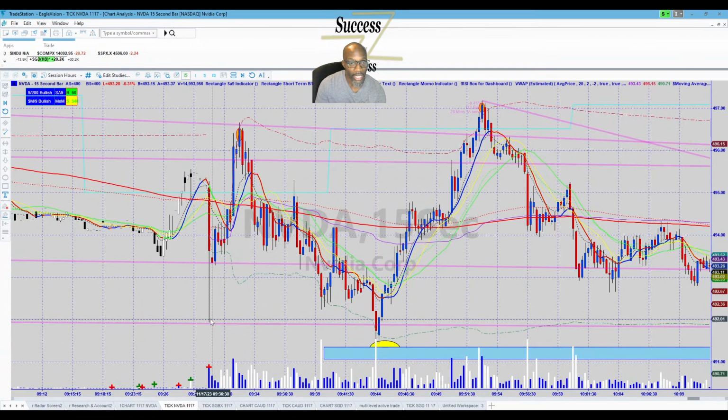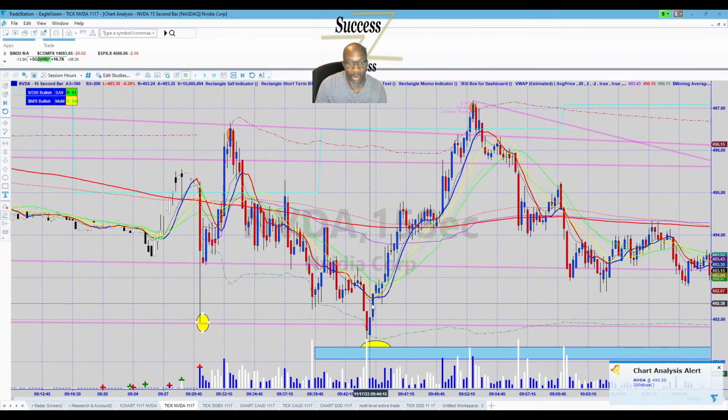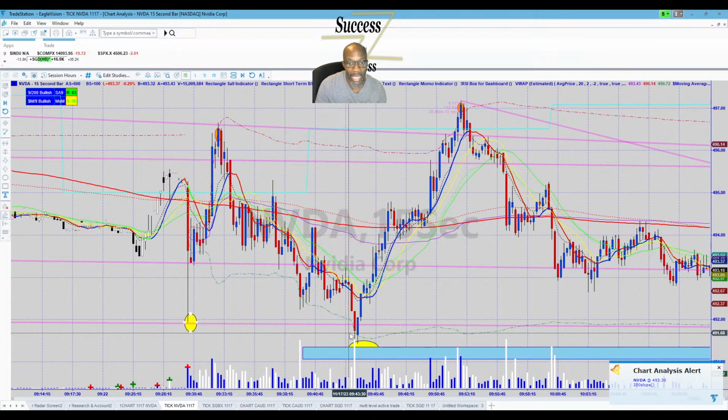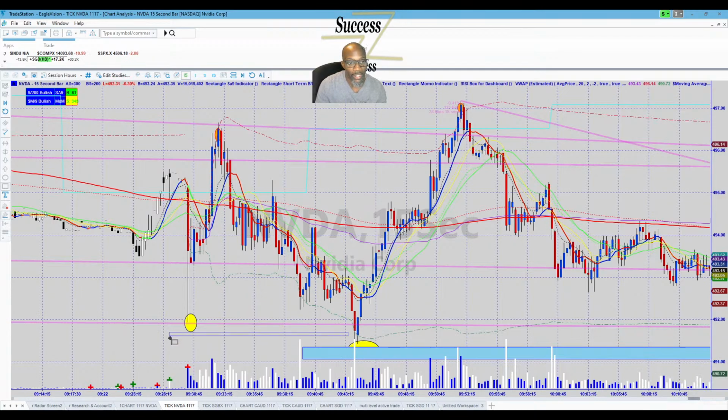I didn't even notice that. At 9:30, the chart completely sold off, wicked back up, hit this low of the day here. Then the price came around 9:45, made another slightly lower low of the day, but respected this general area.